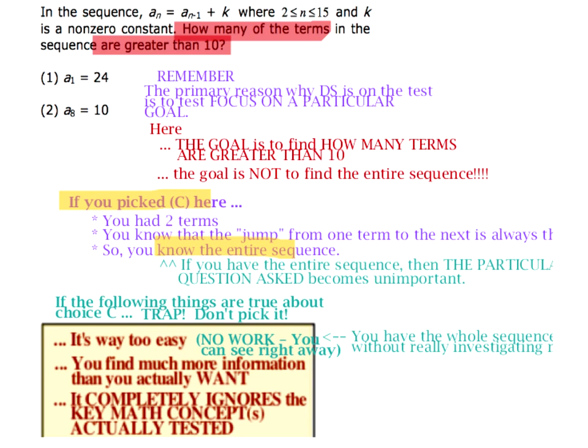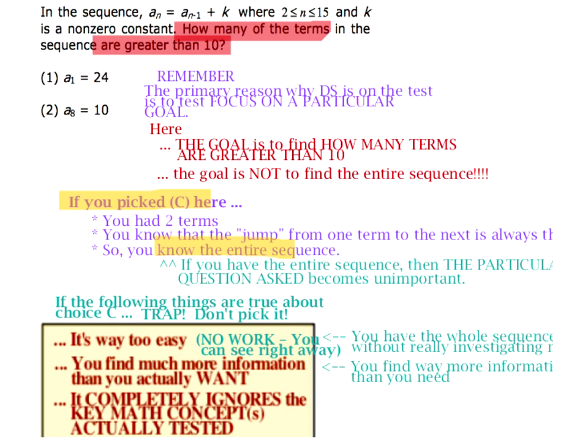As we said, you find way more information than you need. In this problem, if you pick C, you have the entire sequence instead of just an answer to the question that you want.